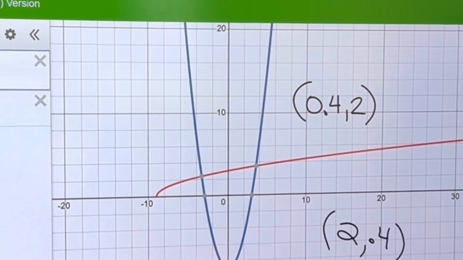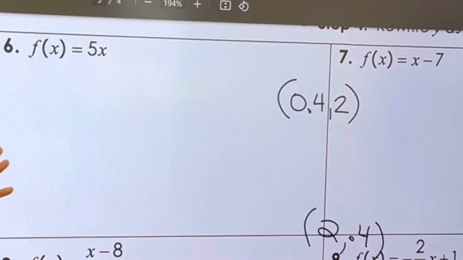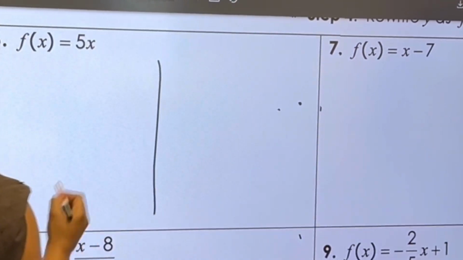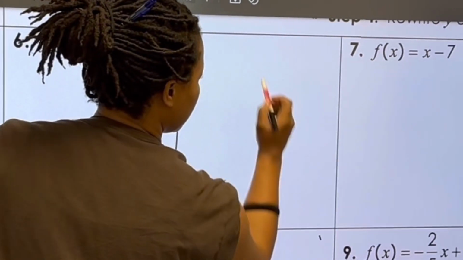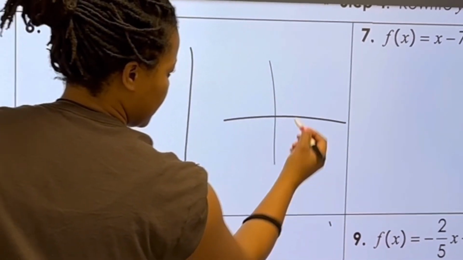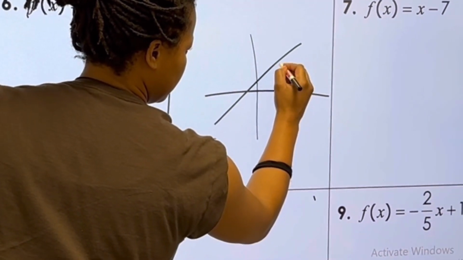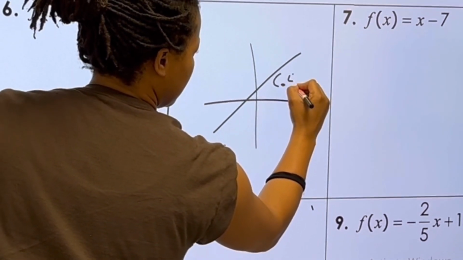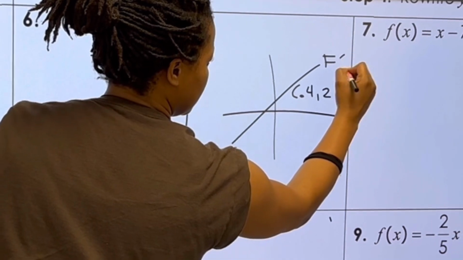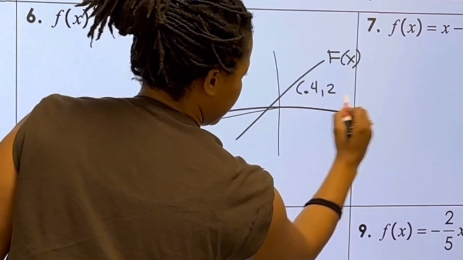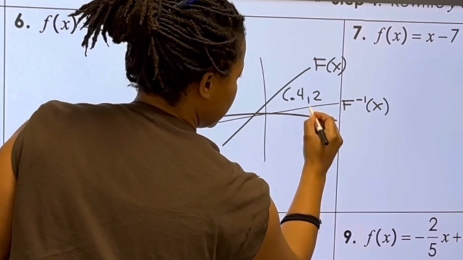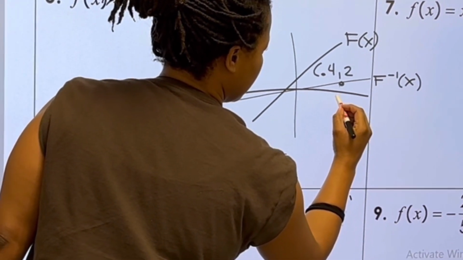We're about to end the video in 1 second here. But make sure that you draw that out. Do your algebra and then show your work that this one has a, what is it, 0.4, 2? Okay, that's the original one. And then your inverted one, kind of like that, has a point as well.